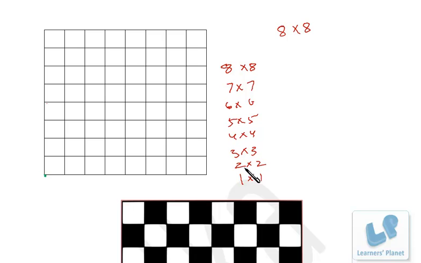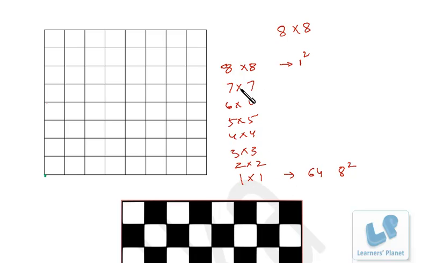So these are the different dimensions of the squares. For 8 centimeter by 8 centimeter, obviously only one square will be there. So that's 1, right? Now, 1 by 1, obviously 64. So that's actually 1 square, that's actually 8 square. You can see it very well. It will be 7 square, 6 square, 5 square, 4 square, 3 square, 2 square and 1 square, right?